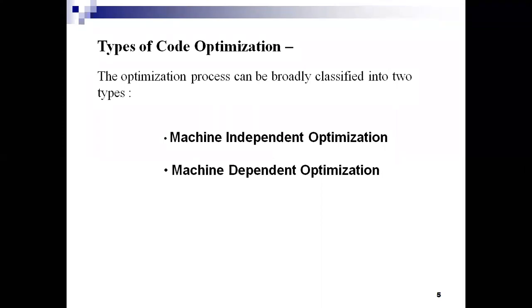By knowing them at each phase, we can encounter them, modify them, update the code, and finally generate error-free code, right? So for that we need to know the commonly occurred errors or problems that optimizing compilers may encounter.